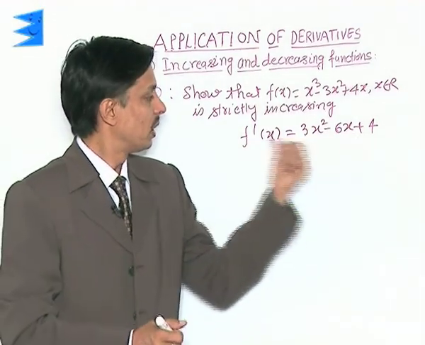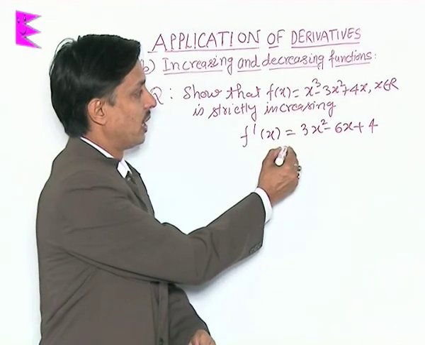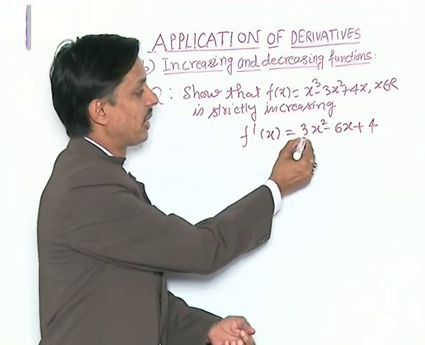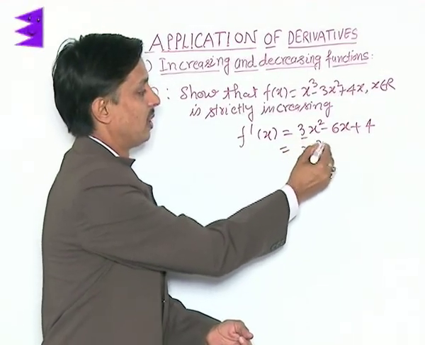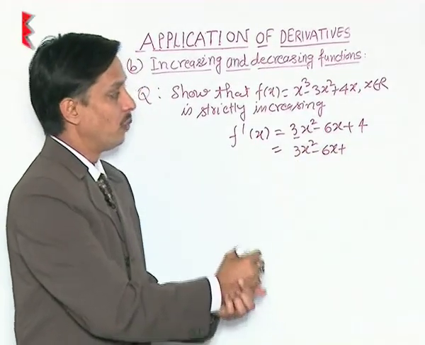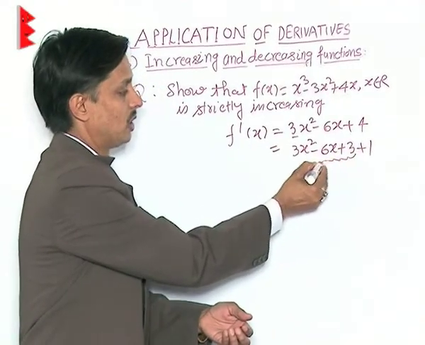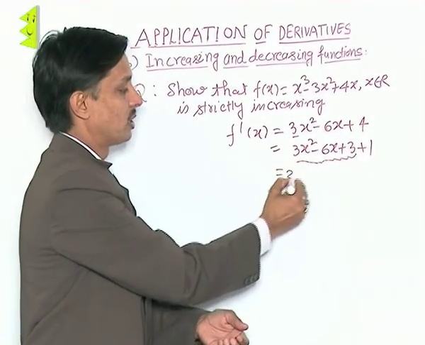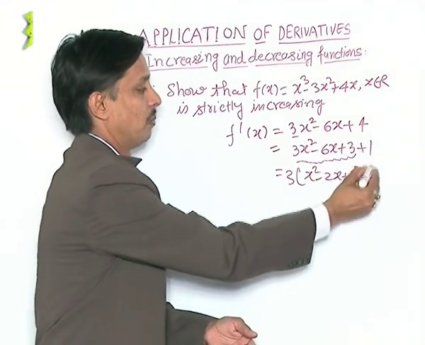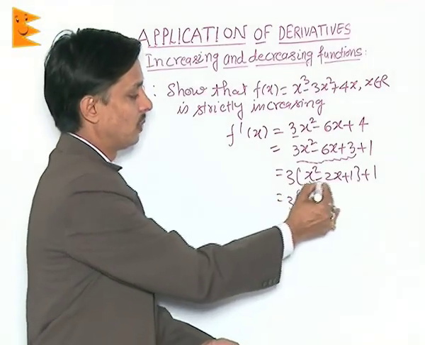To check it, f'(x) is given by 3x^2 - 6x + 4. We can write it as 3x^2 - 6x + 3 + 1. We take 3 as common and we obtain x^2 - 2x + 1 separately. This is coming out to be 3 times this part.